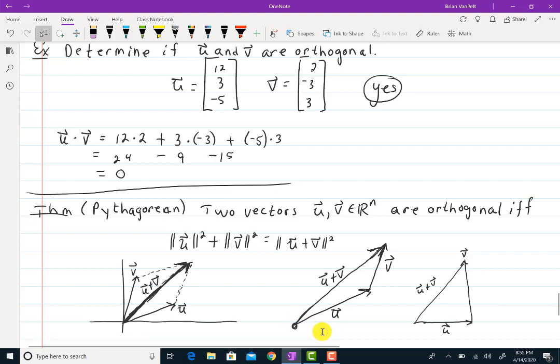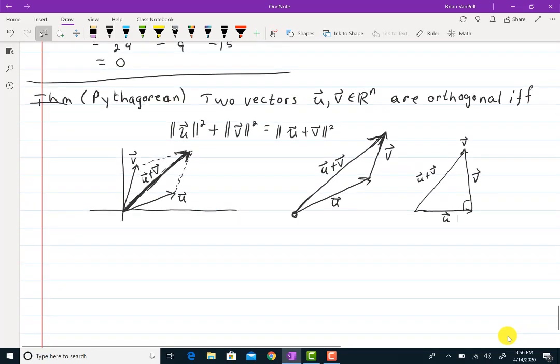So we would expect the length of u squared plus the length of v squared to equal the hypotenuse squared. That is the Pythagorean theorem, only if they formed a right triangle or were orthogonal to each other.